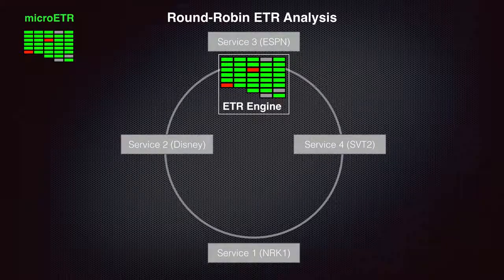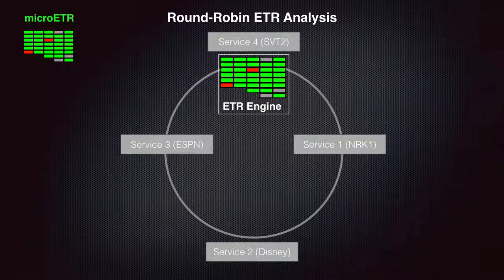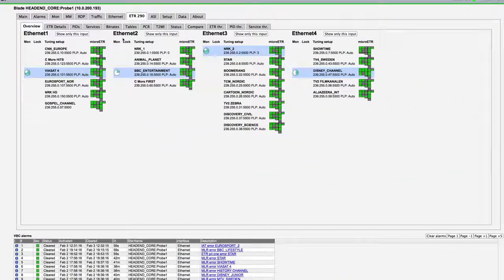Then service 3 gets its turn, and finally, service 4 enters the ETR engine. This process is repeated as long as the probe remains powered. It's easy to see, therefore, that the more services that share an ETR engine, the less time they spend being tested.